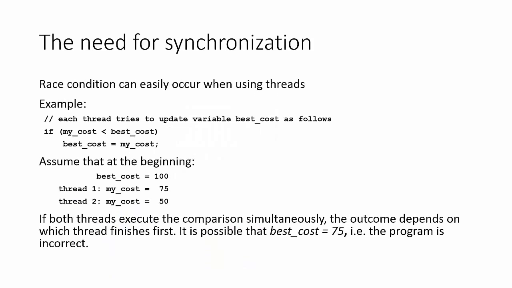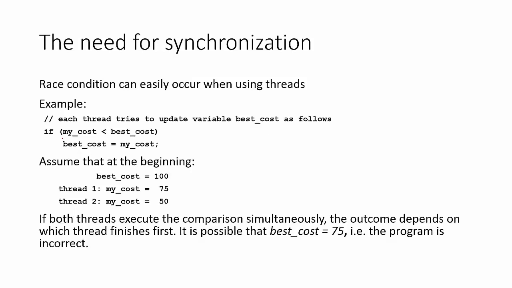So let's see here how this looks in code. Let's say that we have a price comparison algorithm. We are trying to find the best cost for something, and you do this in parallel.